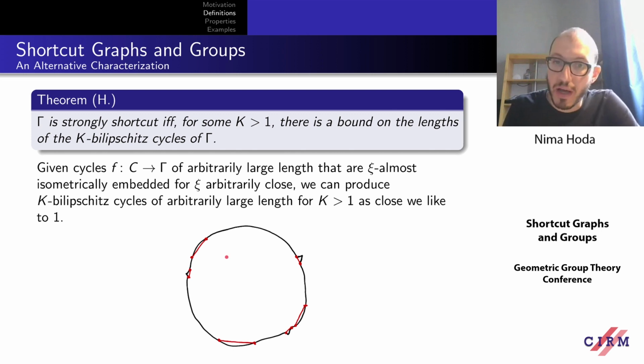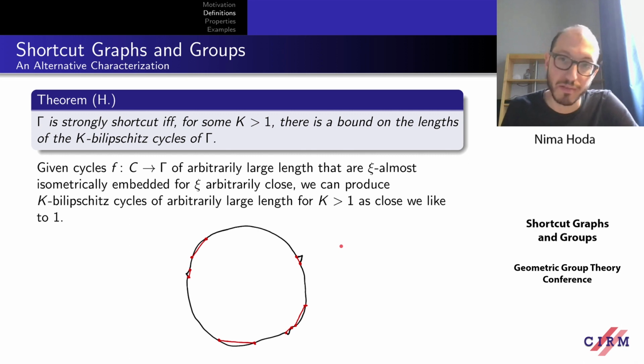And that's done by performing little surgeries. The difference between a k-bi-Lipschitz cycle and a psi-almost isometric cycle is that the k-bi-Lipschitz property can fail locally. So you can have a cycle that's very nicely embedded, but maybe two nearby vertices are mapped to the same point.